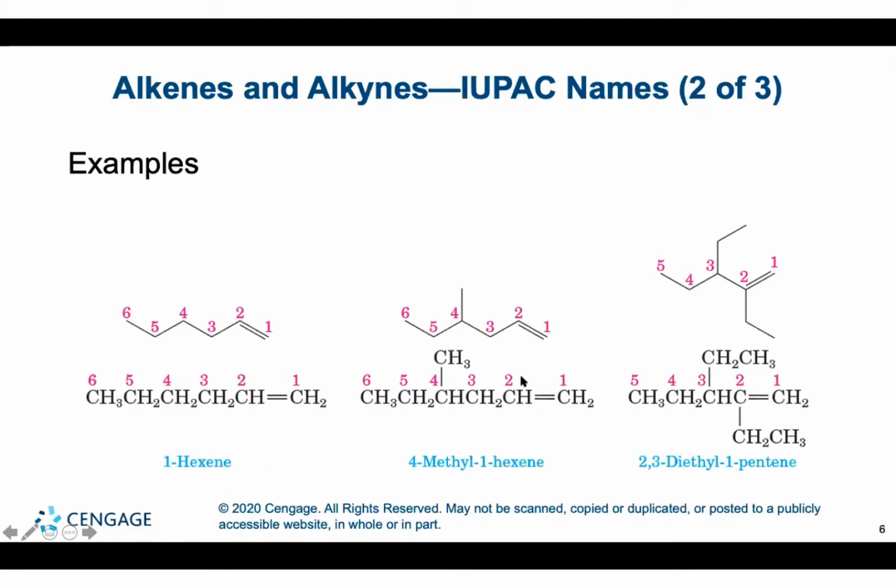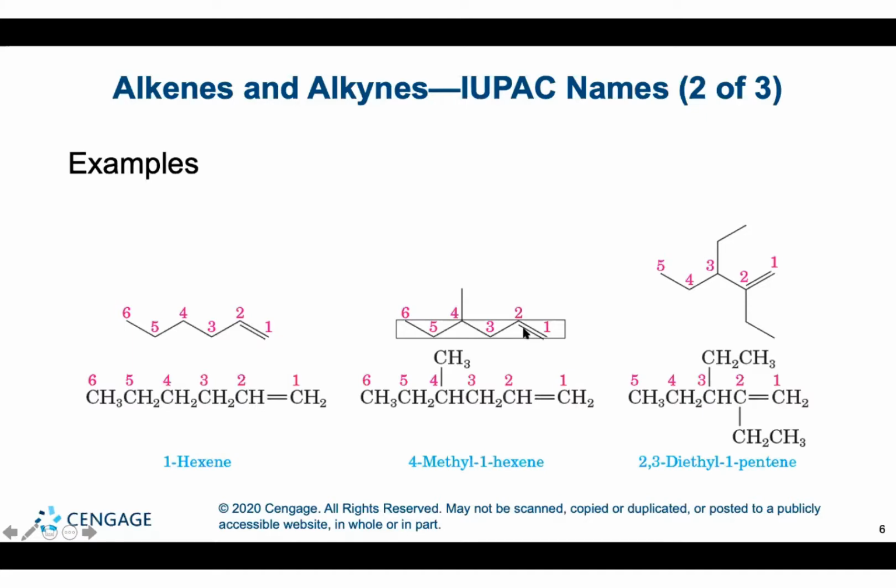And what's the longest chain? So this is the longest chain, right? Because it has the most number of carbons, and it also includes the double bond. Then from which side should I start numbering? Here there is a little help, right? We should start from the right side because that's going to reach my double bond sooner.